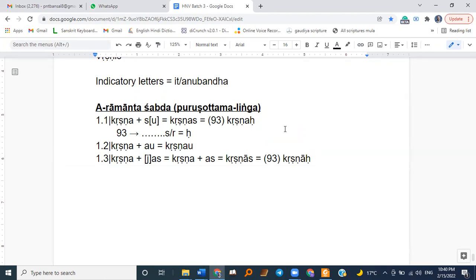Okay. So just a homework. Rama Shabda and Janardana. Let's say Aravinda also. So please decline these 3 words, like 1.1, 1.2, and 1.3, just for practice's sake. Prabhuji, we write the steps also, right?